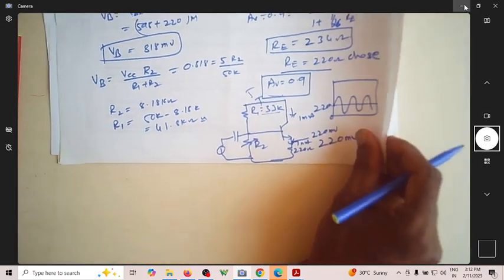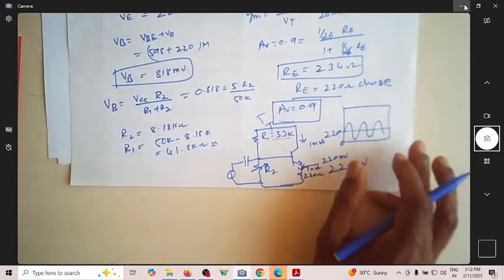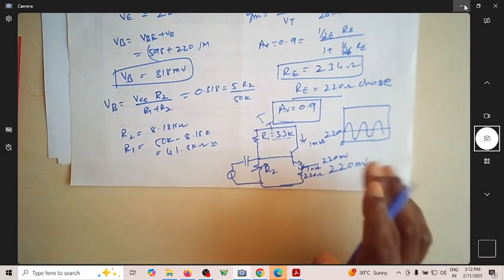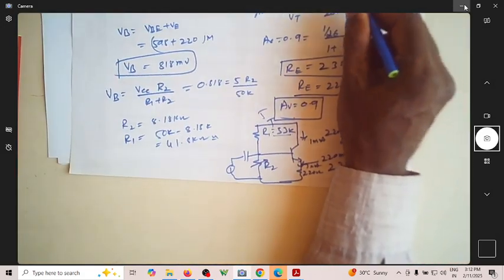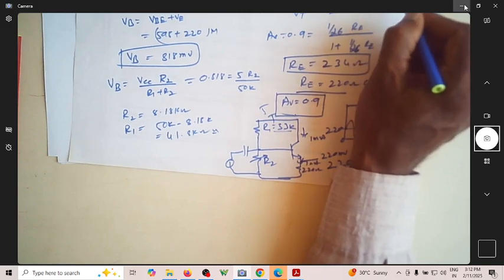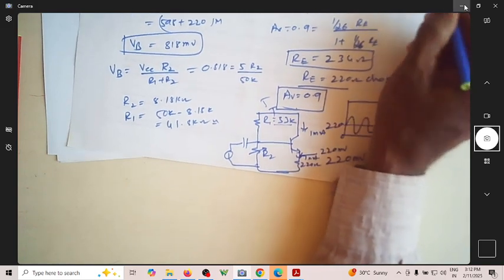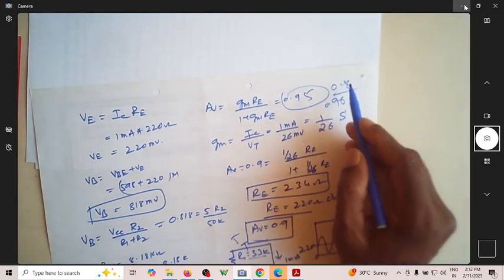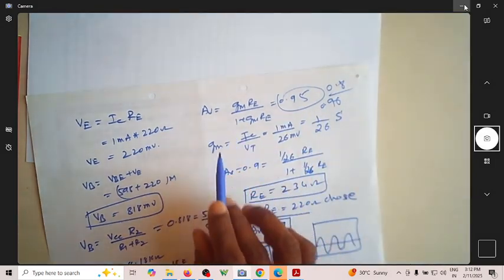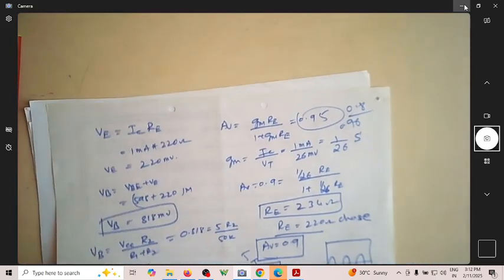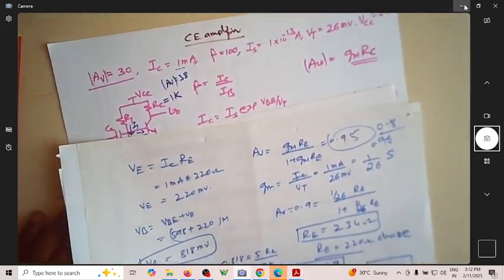This is how you can dynamically change your design to any desired value. Even this can be 0.95, or 0.96. You can also design for 0.8. You can design for whatever gain that you want. Correspondingly, even the assumption of IC, which is 1 milliampere, can be different.